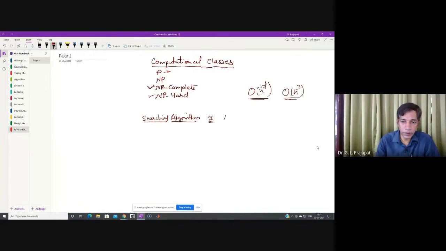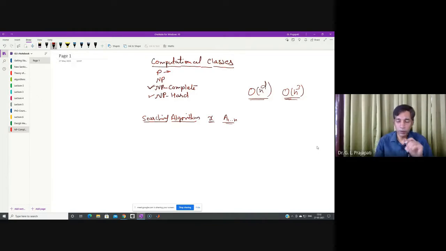You are given the list A, you may have 1 to n elements in the list, and you want to find out the position of this element in this list. So this is the simple problem of searching. If you go for the binary search algorithm, then you know that order of log n time is needed.